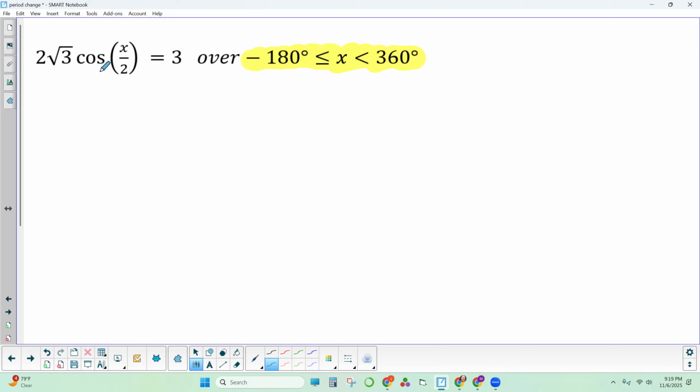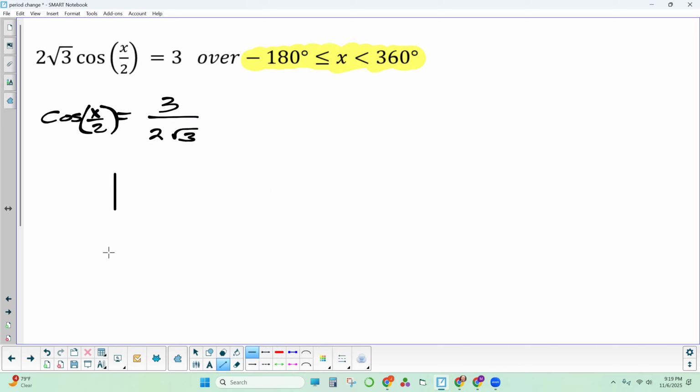I'm going to isolate cosine by dividing by 2 root 3. Okay, so that's 3 over 2 root 3 equals cosine x over 2. Okay, so I'm looking for where cosine is positive, right? So cosine is positive on the right-hand side, quadrant 1 and 4.